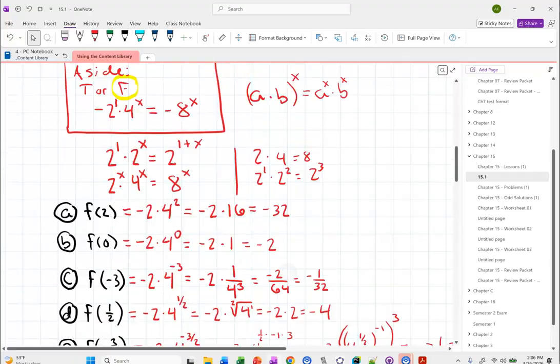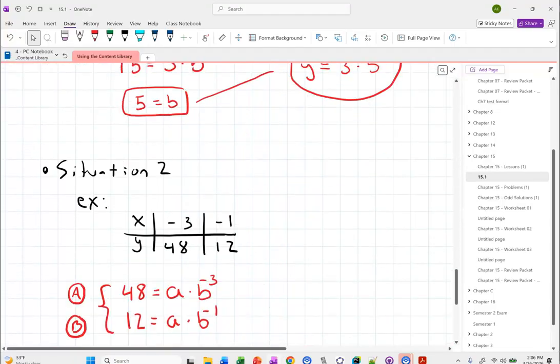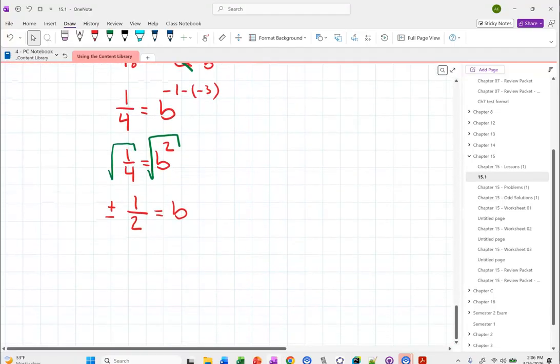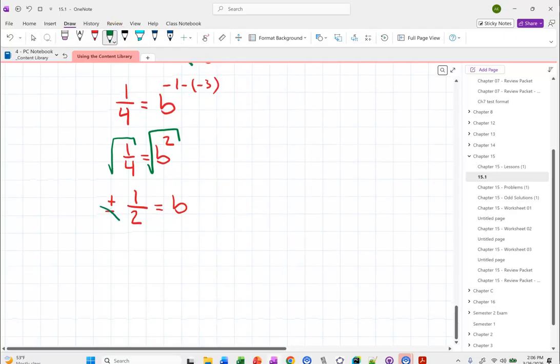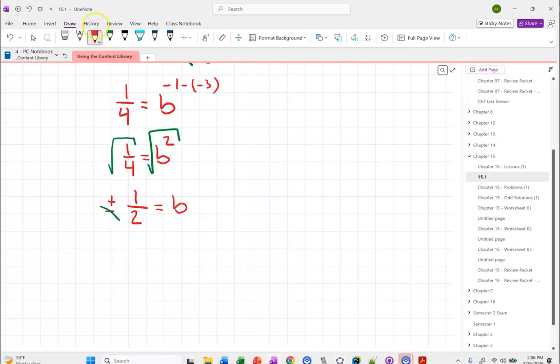So guess what we can do? We can discard the minus from our plus minus. So I know the b is 1/2.